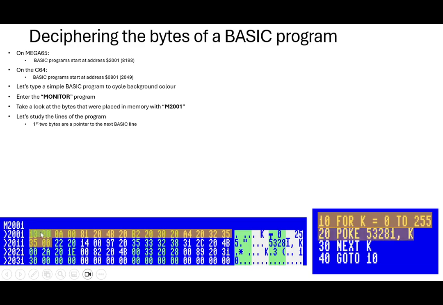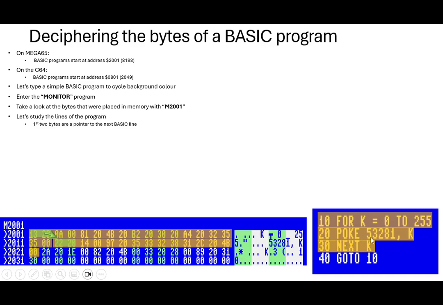So that points to the next line, 20 poke 53281, the background color, comma k, and those are the bytes that express it, which we'll decipher later. The first 2 bytes of this line will point to the next line. This is byte 2021, so 2022 is over here.